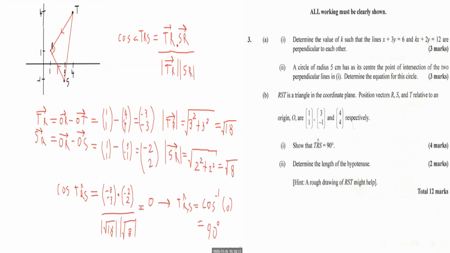That's the length of TS, the hypotenuse. Nice and easy. Now we're at question 4.